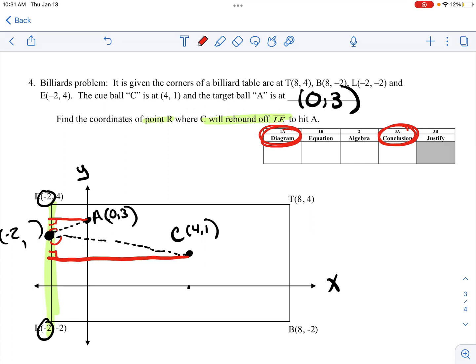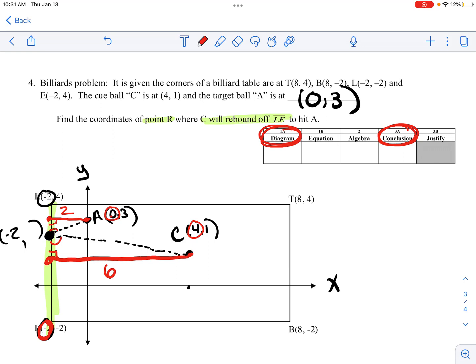I'm also going to label some quantities. I can find horizontal and vertical distances. I know x-wise that this starts at -2 and ends at 4, so I know this distance is 6. I know that this dot starts at -2 and ends at 0, so that is 2.